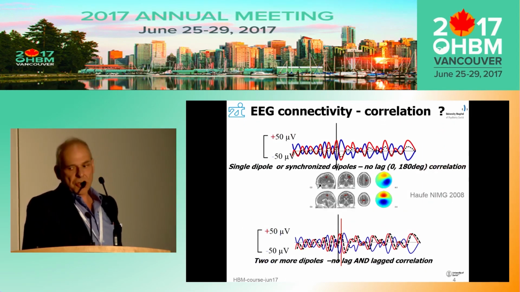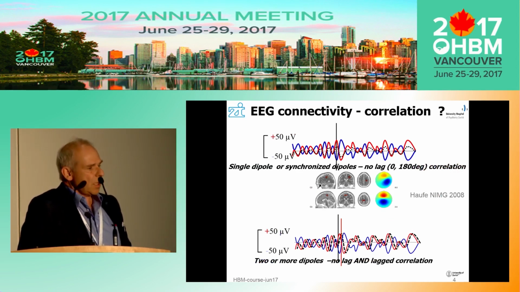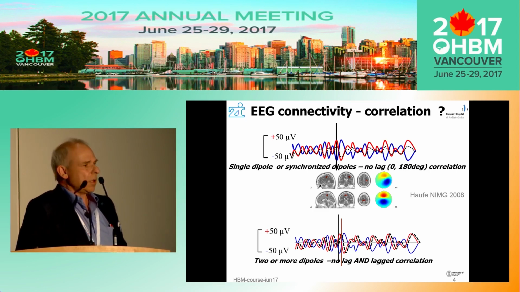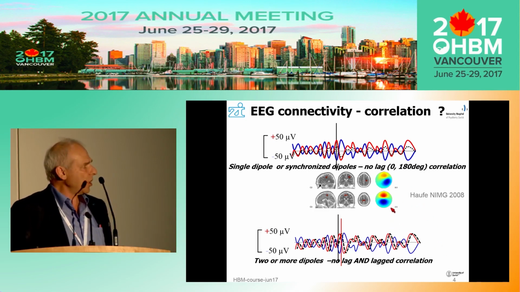Now, these are essentially the basic questions, the two types of connectivity. Synchronization is possibly due to one or possibly to many oscillating or activated generators, or it just reflects different poles of volume-conducted activity on the scalp.